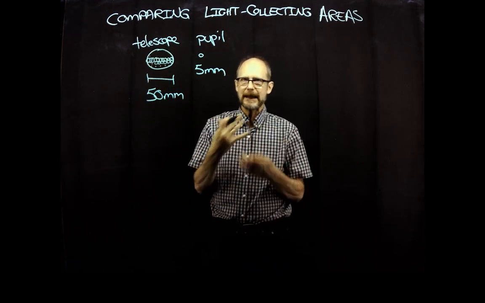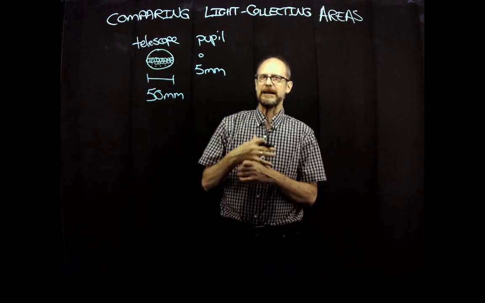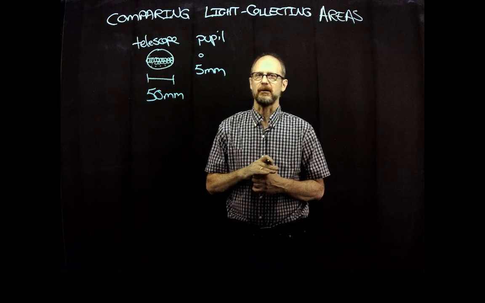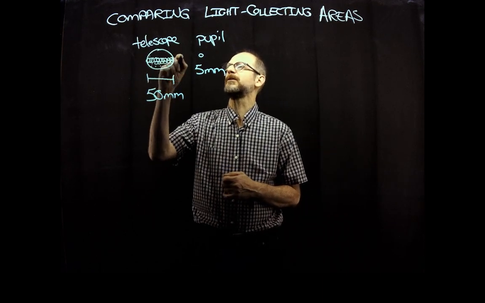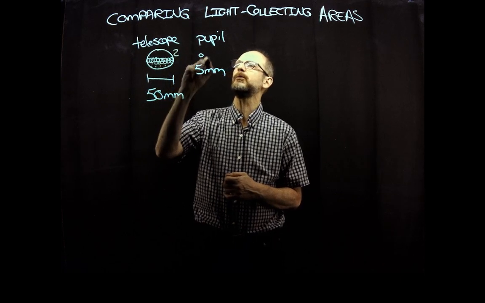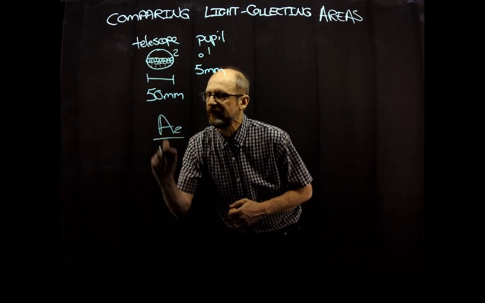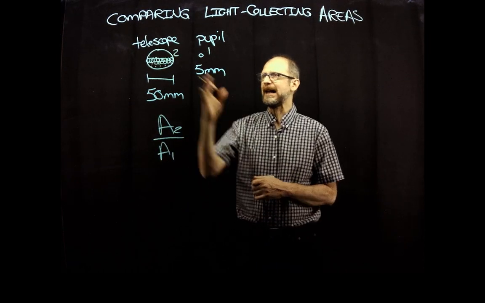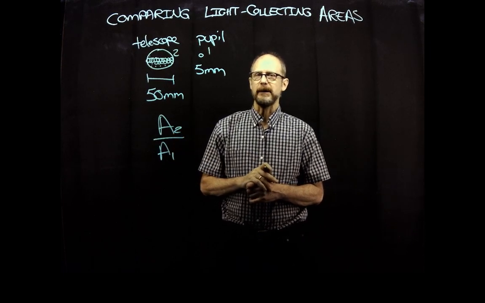So what we're trying to figure out is the ratio of the areas of that circle to that circle. I'm going to call the telescope number 2, and I'm going to call the pupil number 1. And so what we want to know is, what is A2 divided by A1? What's the area of circle 2 compared to the area of circle 1?